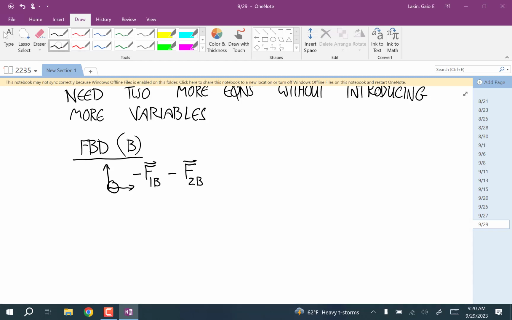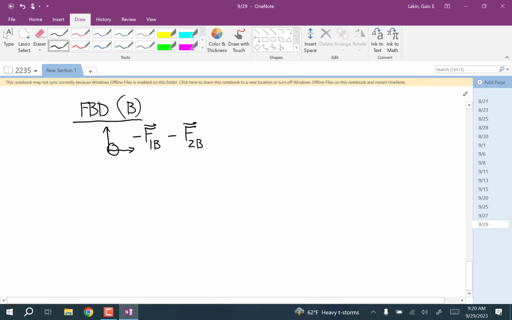Okay, so what does this say? So Newton's second law says we have a 7th equation, negative F1BX minus F2BX is equal to 0. And you can see that's the symmetry.